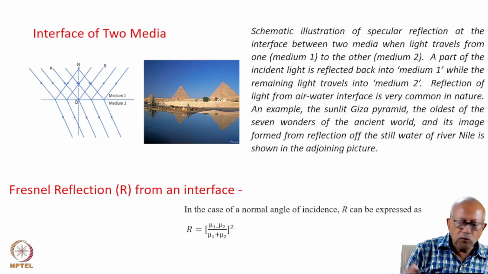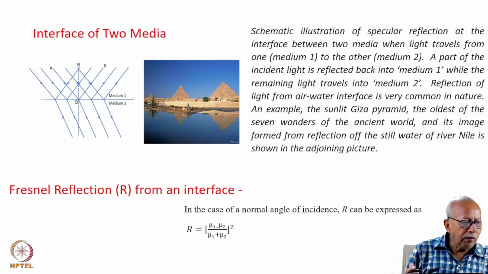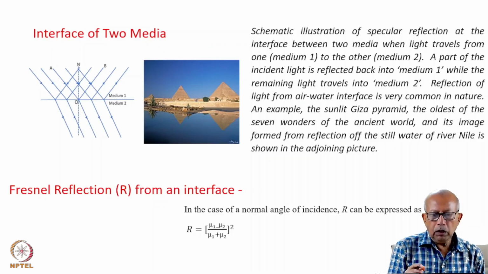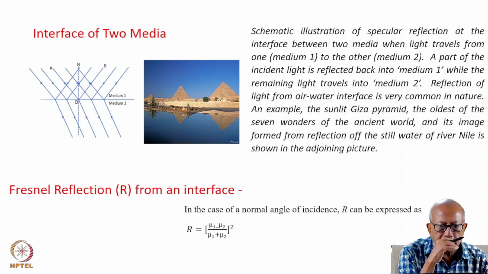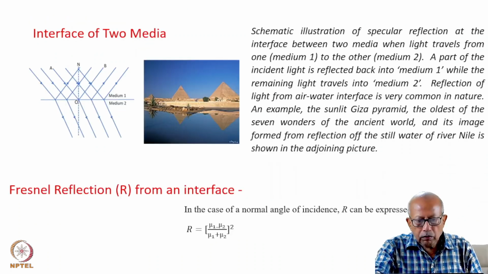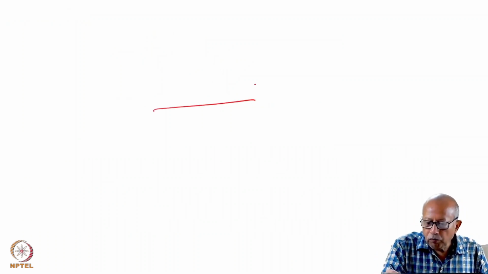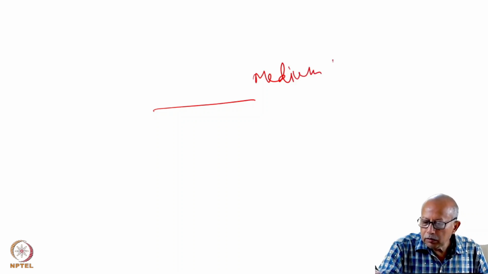When light travels from one medium to another, let us now consider the third case, that is the reflection occurring from the interface of two media. For example, you have one medium here, and this is medium one.